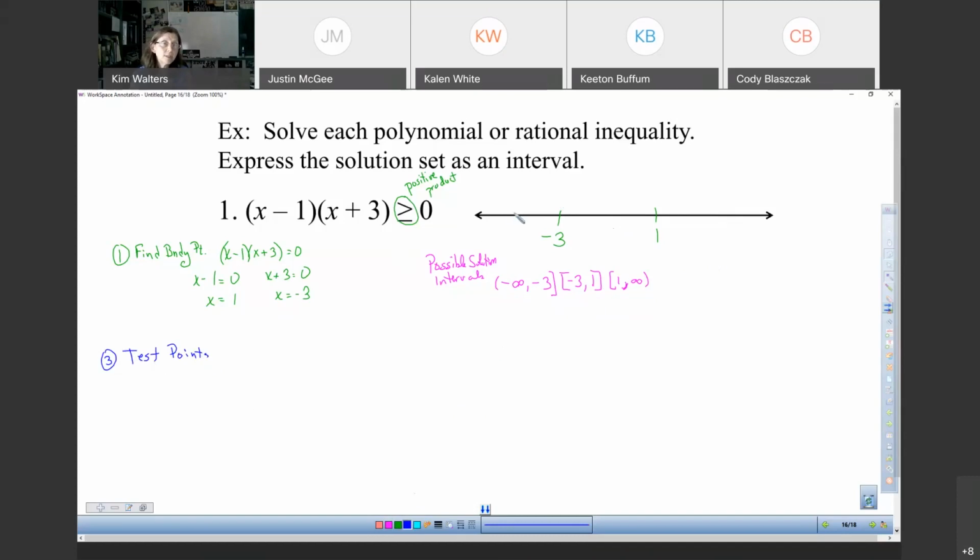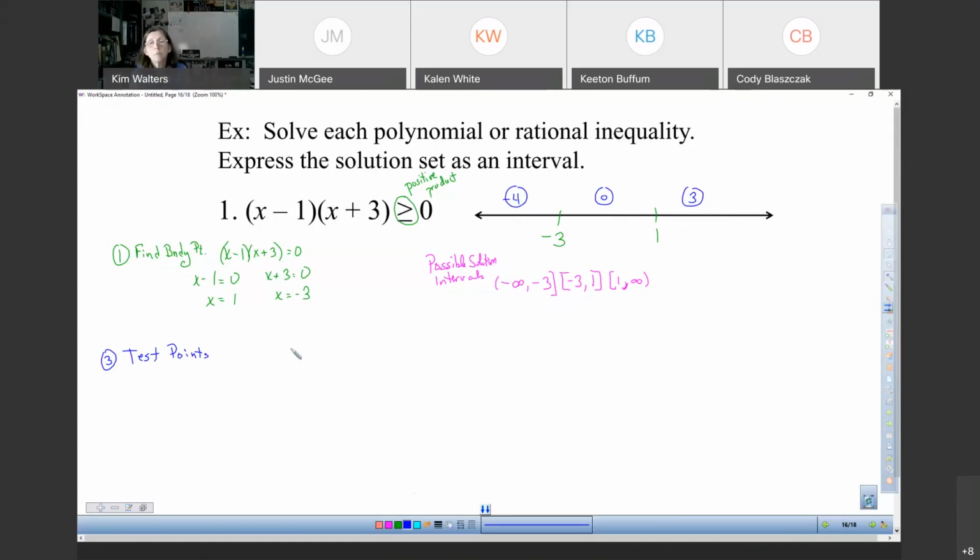I need a number that's less than -3. I like -4. I need a number that's between -3 and 1. I like 0. You can pick any number you want in here. And then I need a number which is greater than 1. I'm going to pick +3. You could pick 2. You could pick 5. You could pick 351 if that's your favorite number. It doesn't matter what number you pick as long as you pick one in each interval.